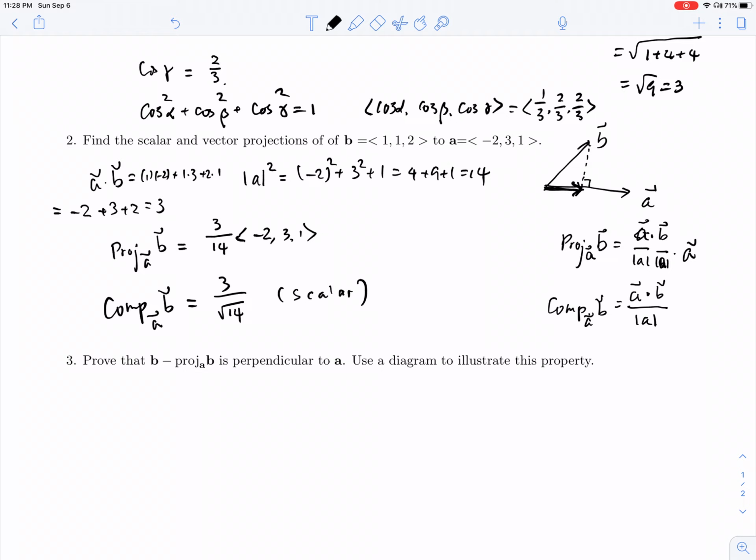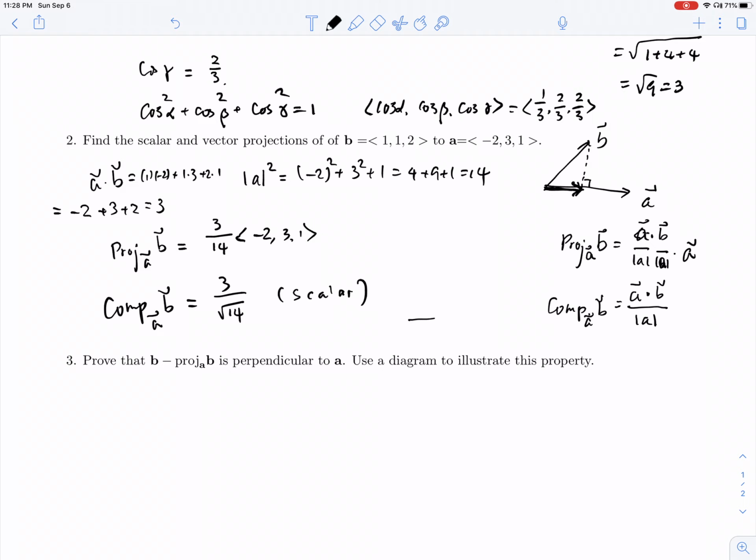All right. So when this scalar is positive, that means the projection of B is in the same direction as A. If this scalar is negative, then we will see that it's on the other side.